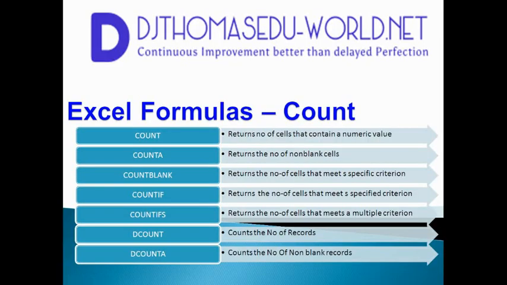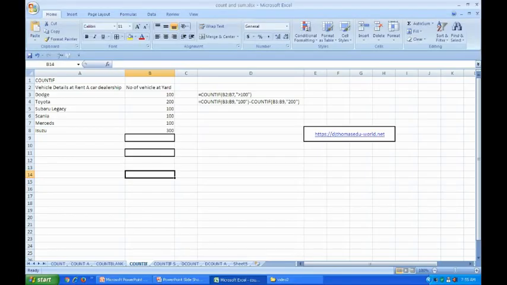Moving on to the next count formula, which is COUNTIF. What does the COUNTIF function do? The COUNTIF function is used for a single criterion of counting, taking two arguments. Let's see how it is done in Excel. I have data entered where column A consists of vehicle details at a rent-a-car dealership and column B has the number of vehicles at the yard.